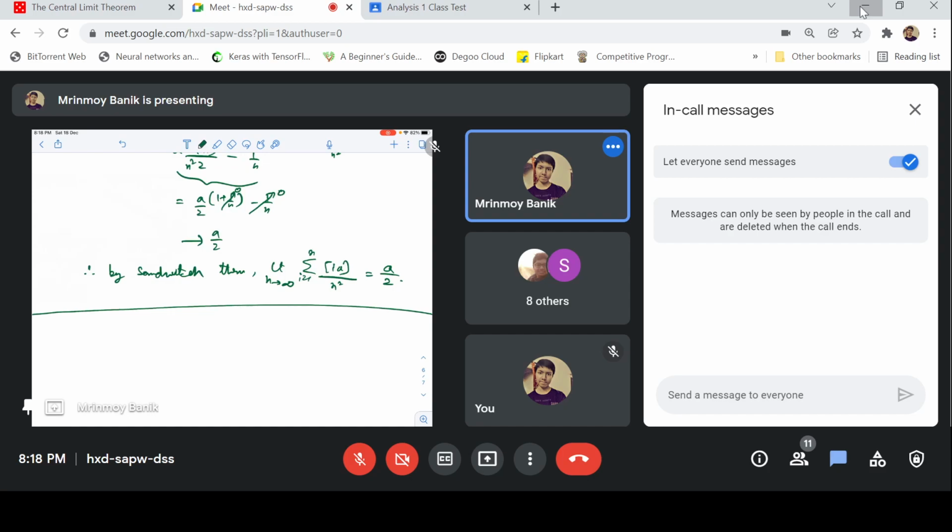We have assumed this. If it's not a limit point, then there exists a sequence, suppose en, inside U, such that en tends to a, but f of en doesn't tend to f of a.